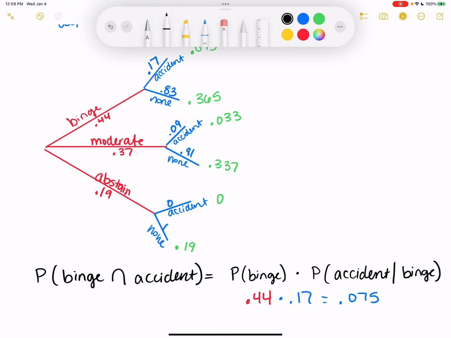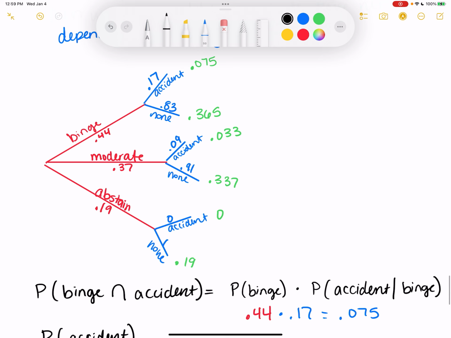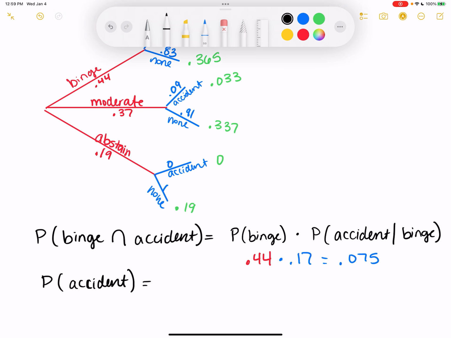If we were going to just do the probability that someone got in an accident, that's just adding up all the percentages of accidents. Well, I should say, not these numbers. It's adding up the numbers that are written in green for accident. So it would be 0.075 plus 0.033 plus 0.